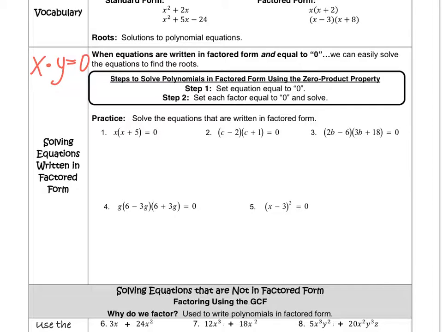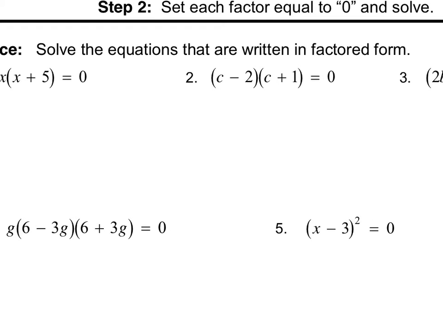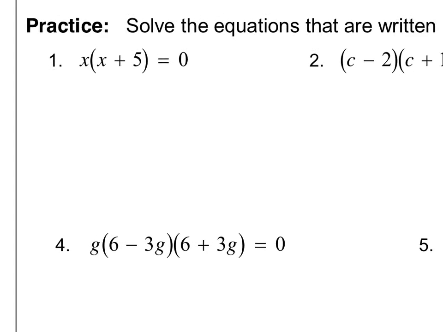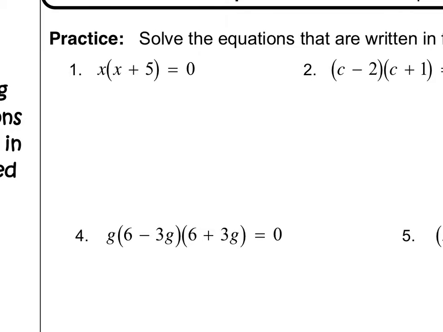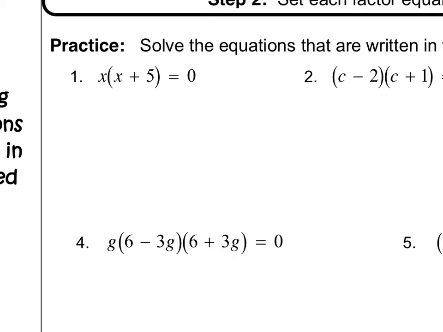So let's just start with number 1. If we think about it just the same as that x times y equals 0, for sure we can say one of these two factors has to equal 0. So to solve this, we're going to set each factor to 0 and solve each factor for x.